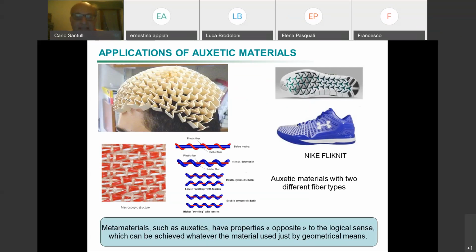Okay, next time we will extend a bit these considerations about metamaterials, and then we will try to proceed across mechanical testing and try to see how other materials behave.